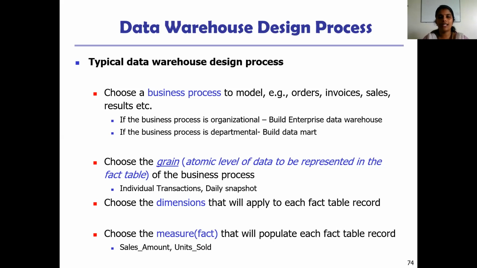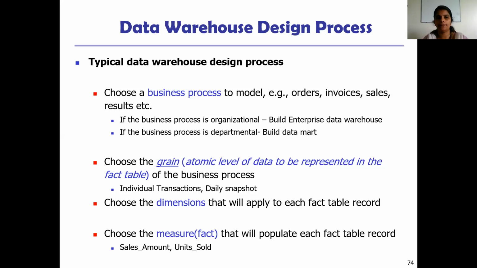Now we all know there is the enterprise data warehouse and the data mart. If the business process which we choose is organizational, spanning the entire organization, then we are going to build the enterprise data warehouse. When the business process that we choose is restricted to a particular department, then we are going to build a data mart.